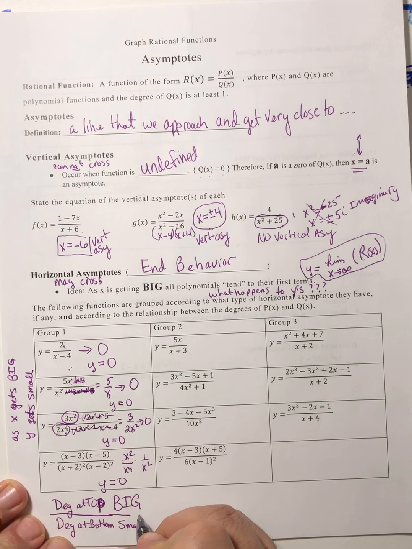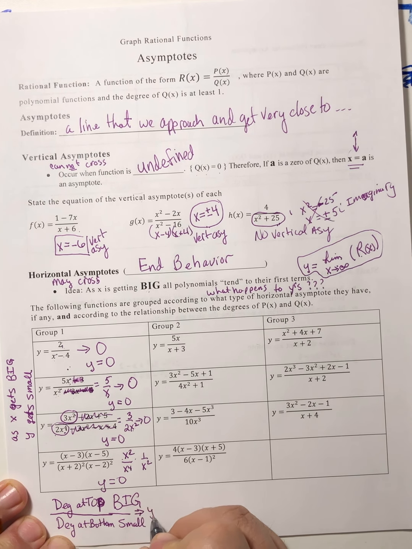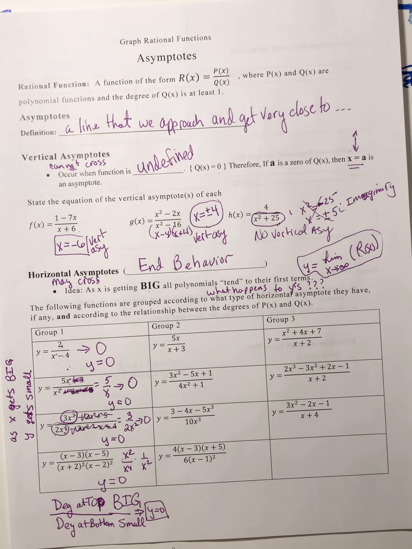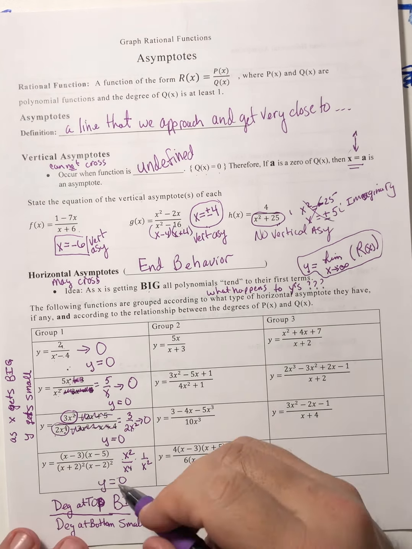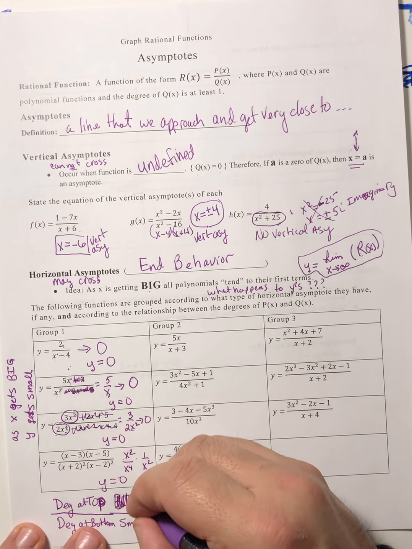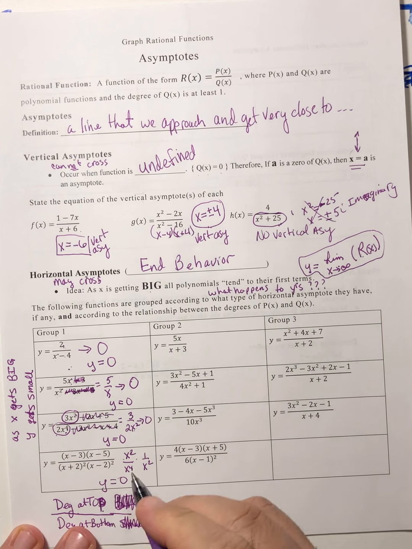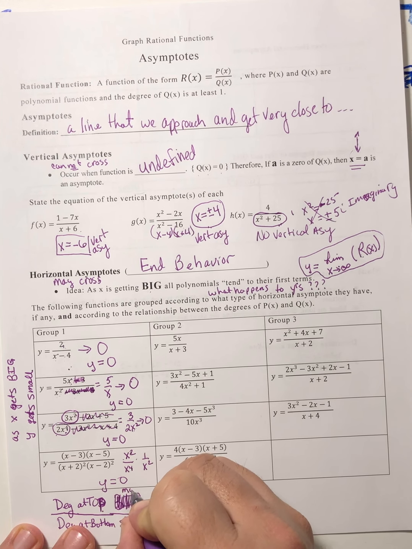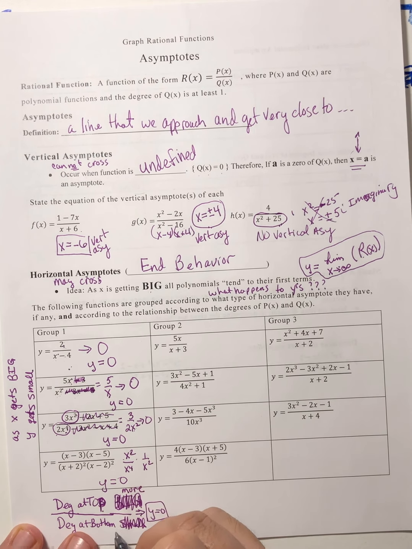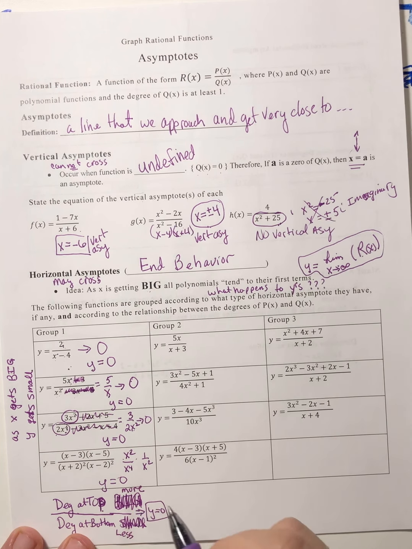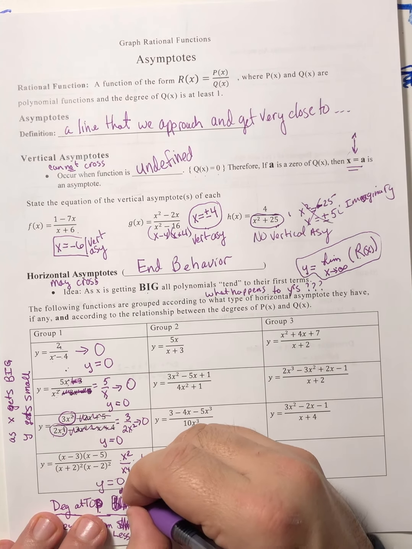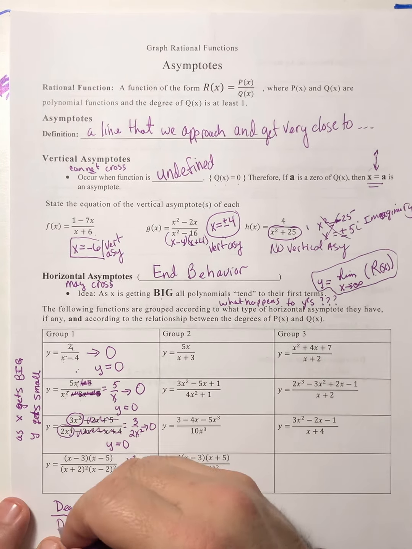Those become y equals 0 for our horizontal asymptote. So whenever the degree at the top, ooh, why did I put big? Degree at the top is more. Degree at the bottom is less. I did it again.